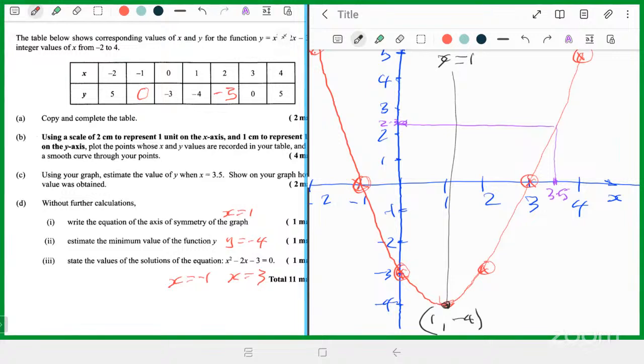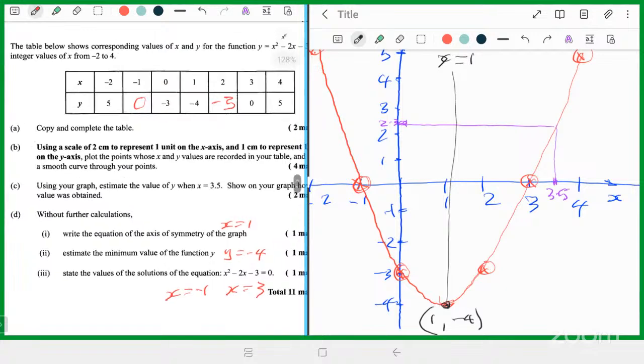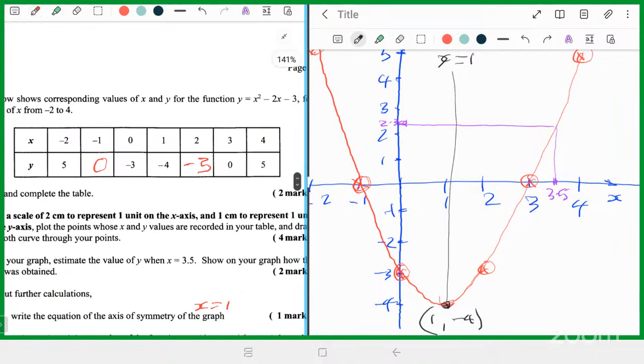The values are symmetrical. So look at it again. The values will always be equal on either side of the axis of symmetry, which is usually somewhere in the middle there. The values are the same going out from the axis of symmetry.